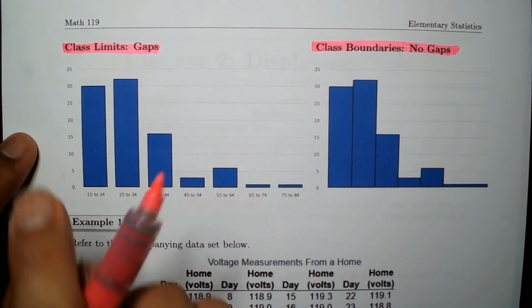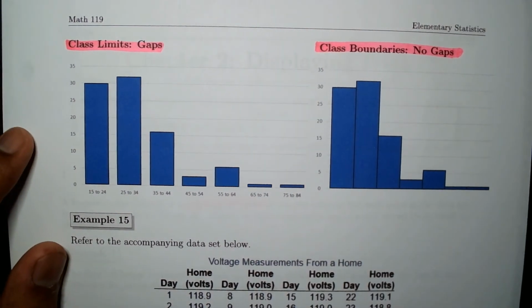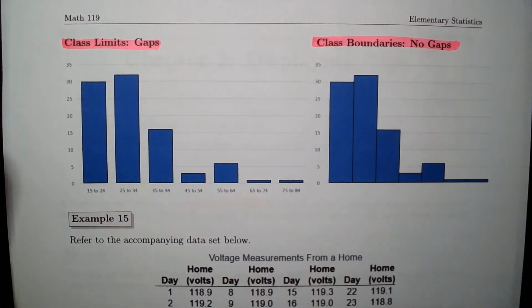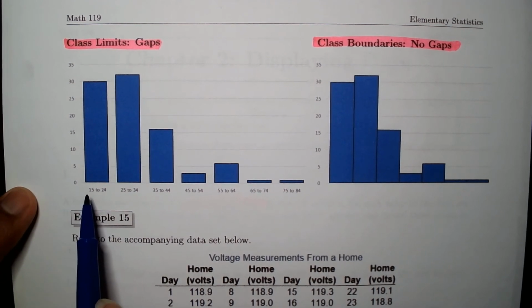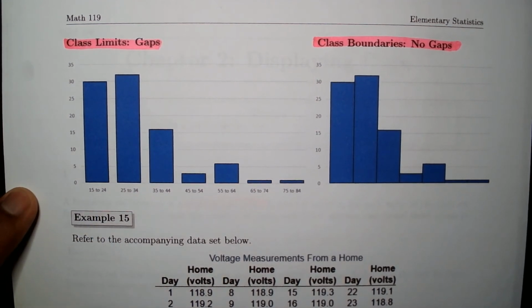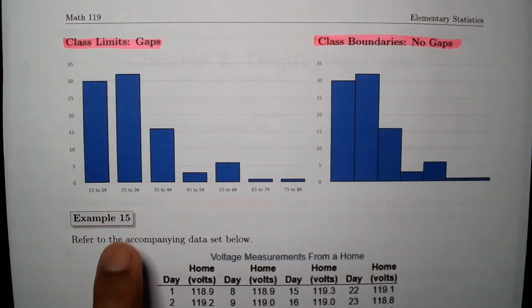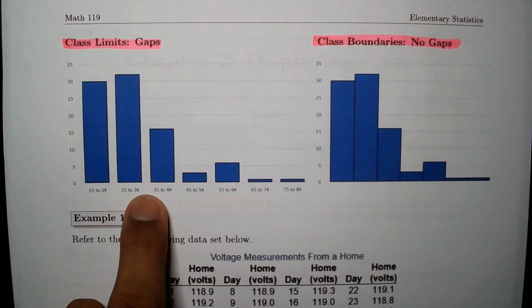So in this case, class limits. The first class is 15 to 24, as it is stated here. The second class represents 25 to 34.